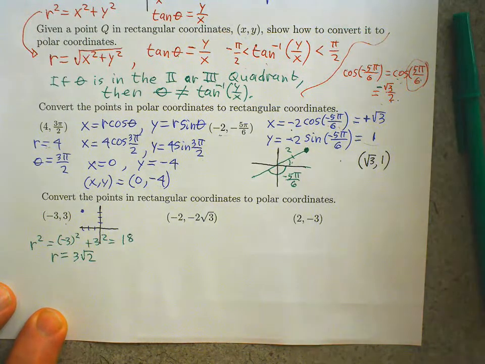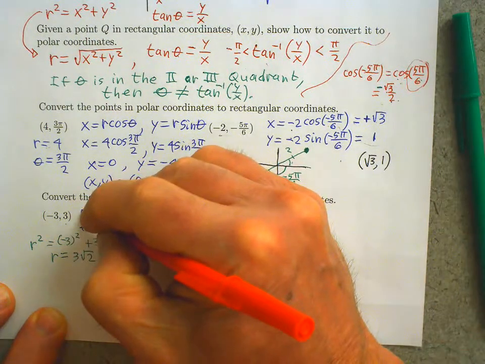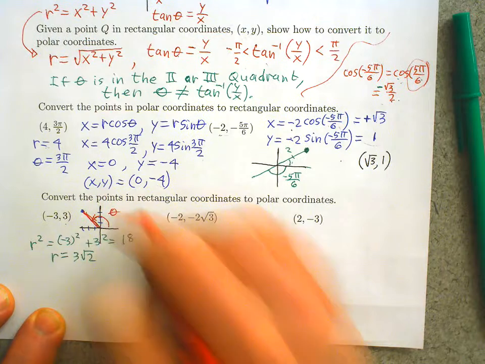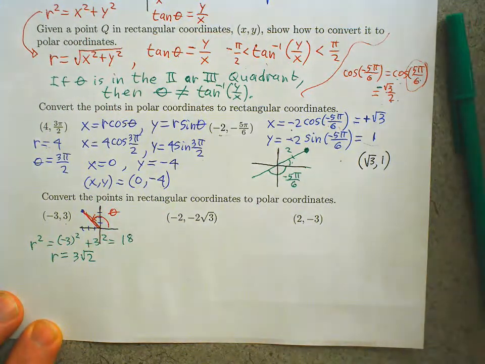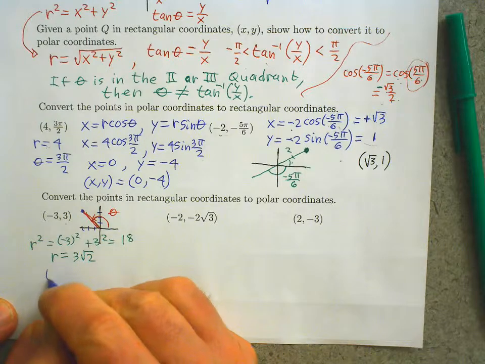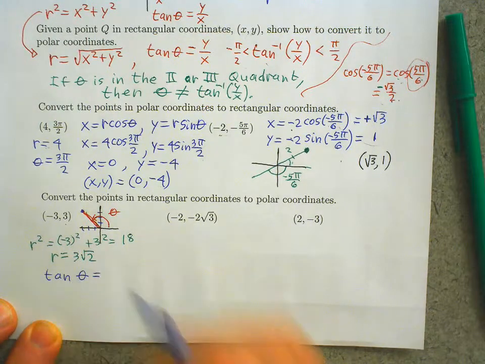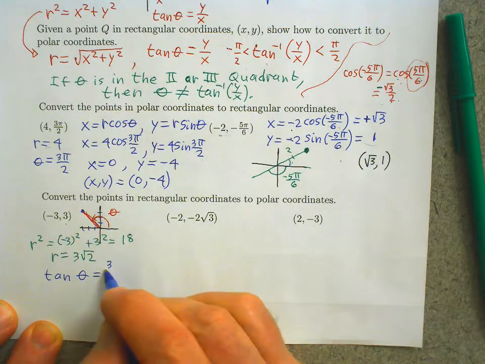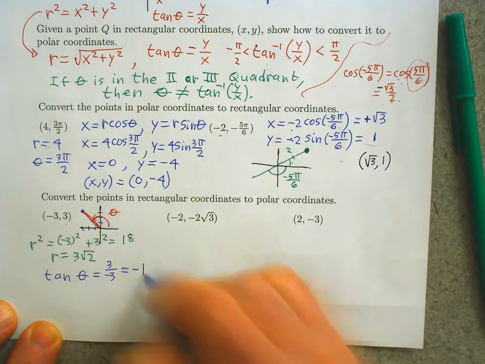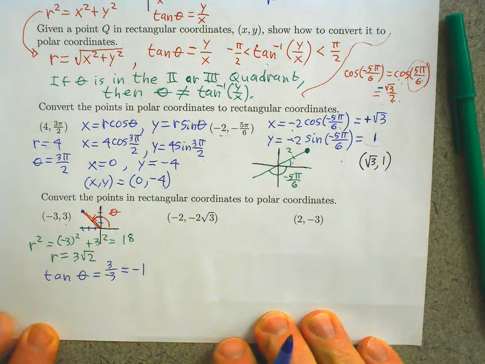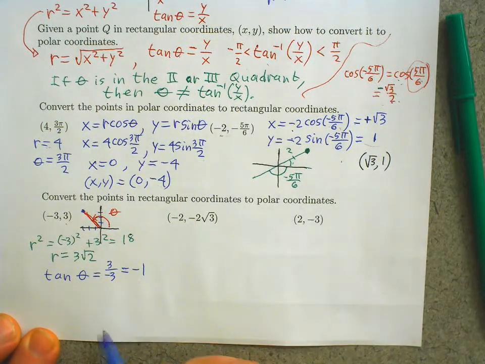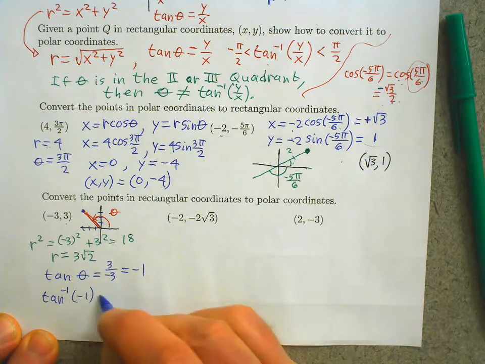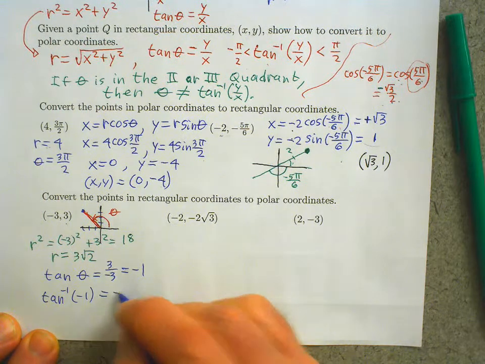Okay, so we want to find this angle. If we want the positive angle, we'll call that theta. Tangent of theta is equal to y over x, 3 over negative 3, or negative 1. Okay, but the inverse tangent of negative 1, that's negative pi over 4.